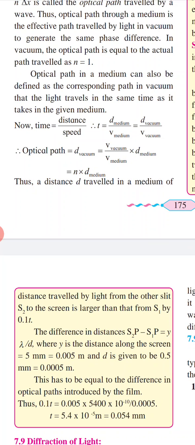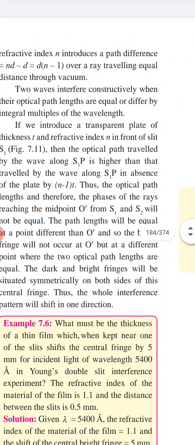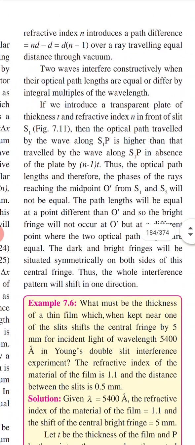So n into d medium, that is your optical path. Thus, a distance d traveled in a medium of refractive index n introduces a path difference, that is n d minus d, that is d into n minus 1, over a ray traveling an equal distance through vacuum.